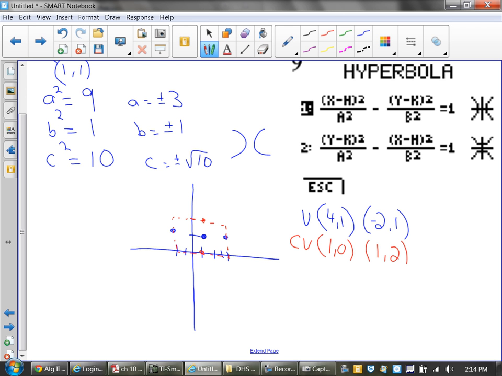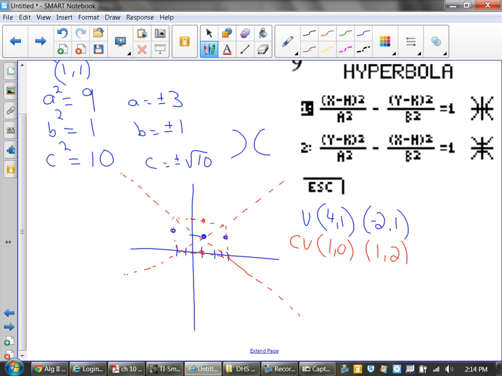Okay. Asymptotes. Put in your asymptotes. We will eventually have to use point slope to write the equation. Since this was an x squared first hyperbola, is it b over a or a over b?